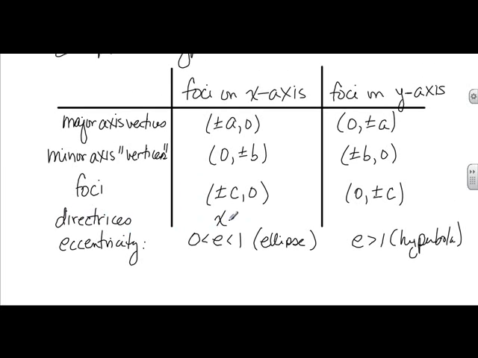Now, d is a value we really haven't talked about yet. It comes in handy here. And if your foci are on the y-axis, you have horizontal directrices, and they will be at y equals positive and negative d.